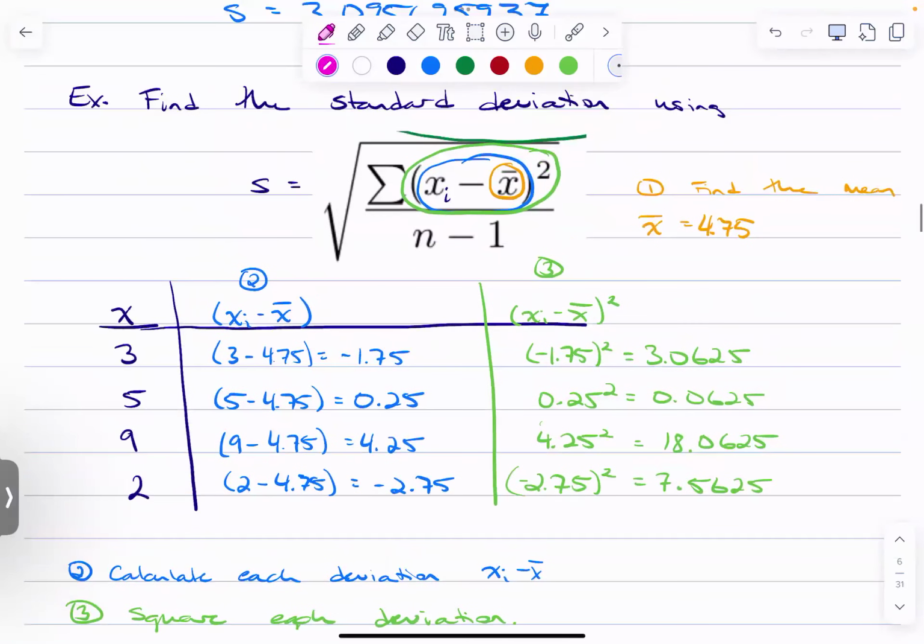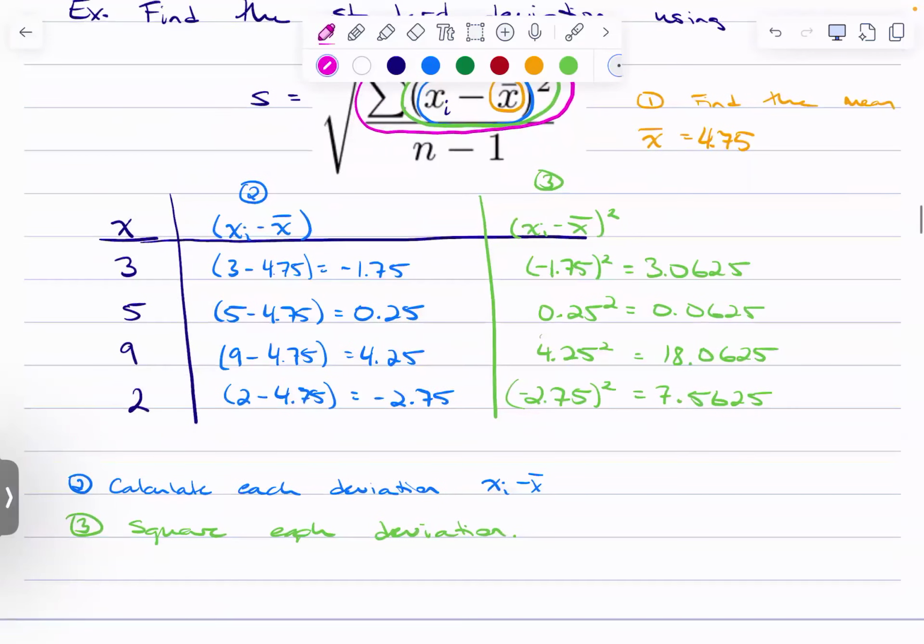Four is the moneymaker, so I'll use pink. That's the sum of the deviations squared. So what you want to do down here is add these all up for step 4.